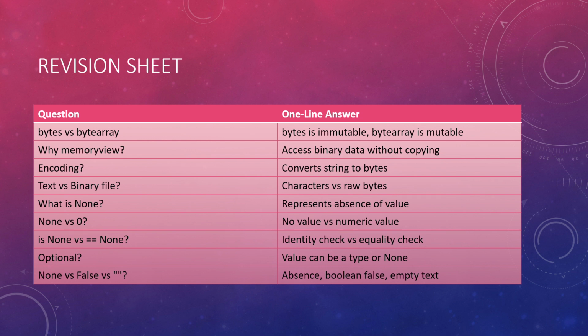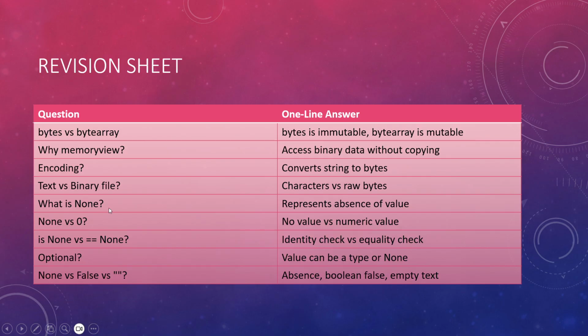Now the revision sheet. Bytes versus bytearray: bytes is immutable, bytearray is mutable. Why memoryview? Because it accesses binary data without copying. What is encoding? It converts a string to bytes. Text versus binary file: characters versus raw bytes. Text files are characters, but a binary file is raw bytes, combinations of 1 and 0, right?